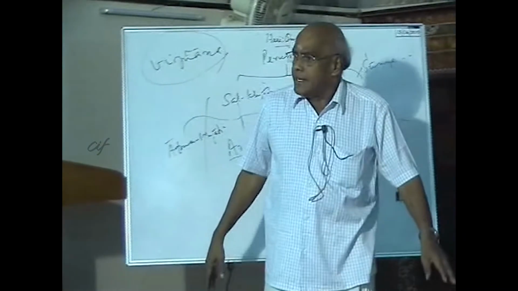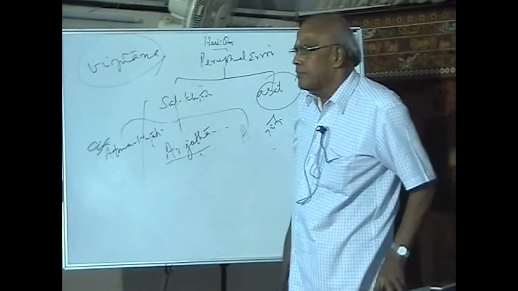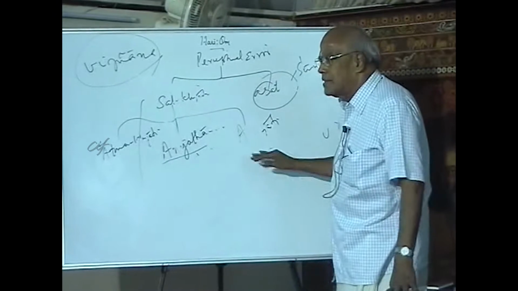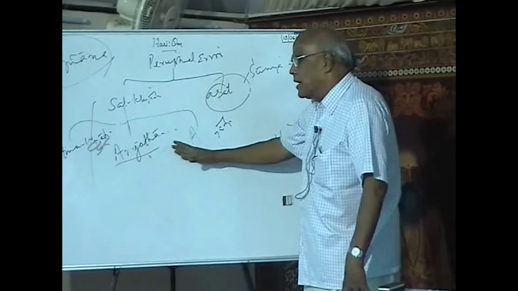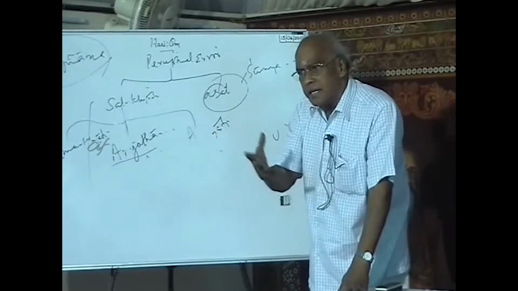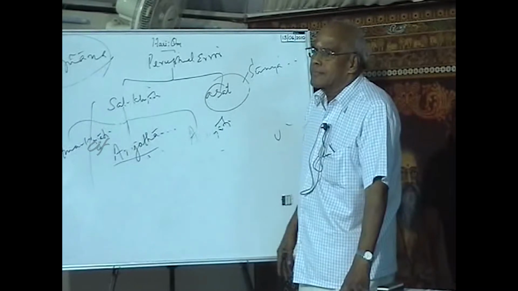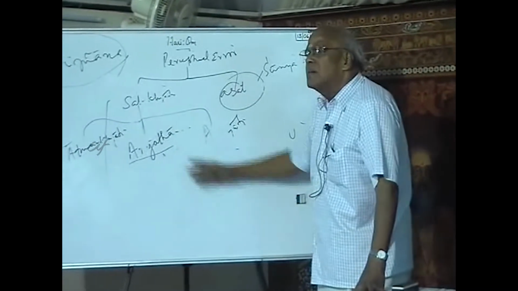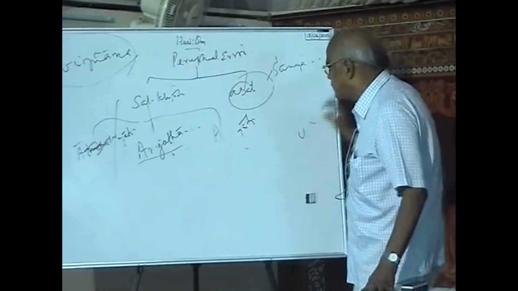I deny that it is in front. It is not, I say something else. So, Anyatha khyati also is rejected. I go in a hurry because you have to discuss that in detail, several objections and all that. That is the second, Anyatha khyati, slightly modified by the Bhattas as Viparita khyati.